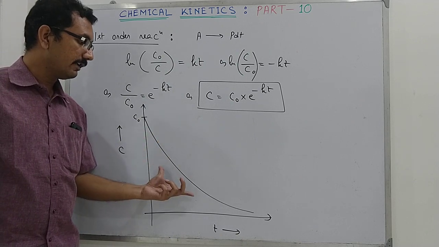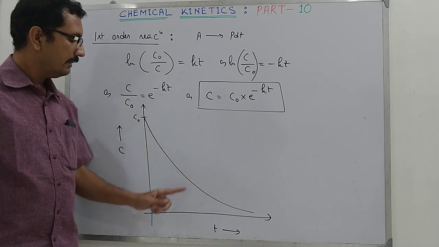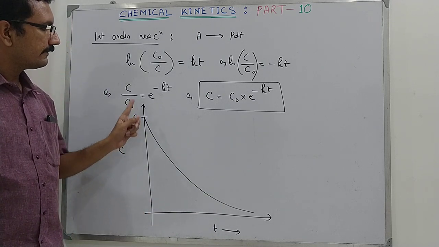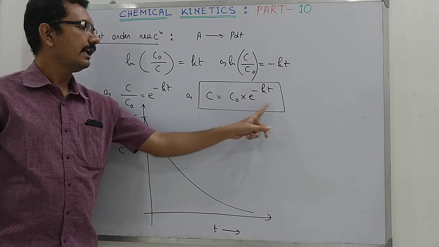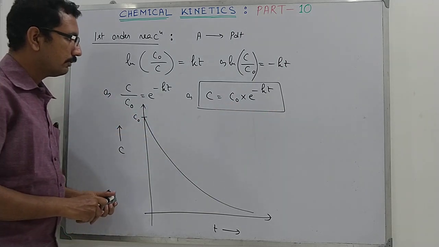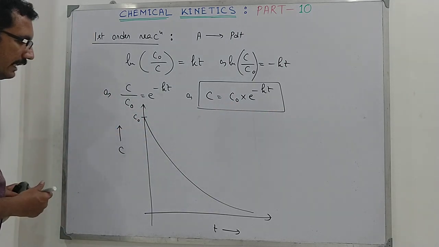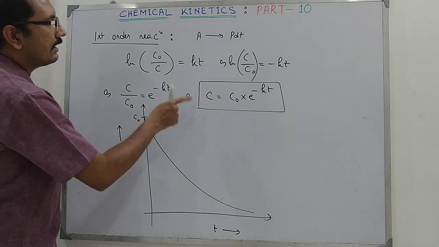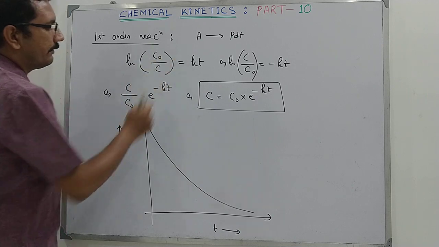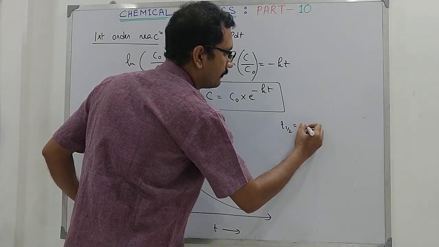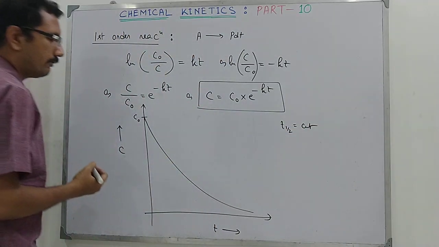So we can say that a graph speaks. A graph or a picture can speak in the same language which an equation speaks. So what I am trying to tell you is that we have noticed just now that half-life for a first order reaction is a constant and it depends on the rate constant only.